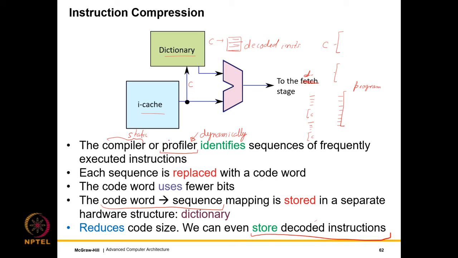Regardless of who is doing it, we can increase the efficiency of this process by storing decoded instructions instead of regular instructions. So essentially we store the micro-ops, and in this case we can bypass the decoder and get a performance advantage from there.